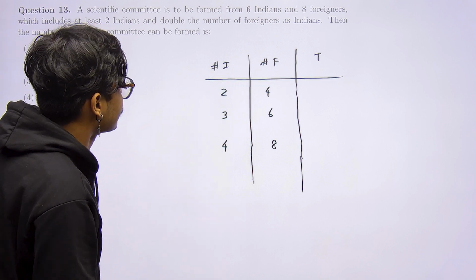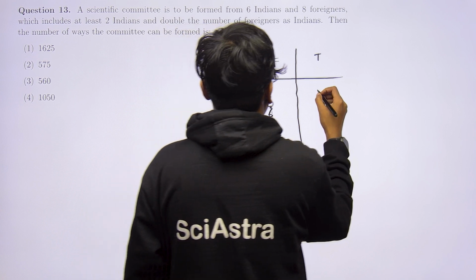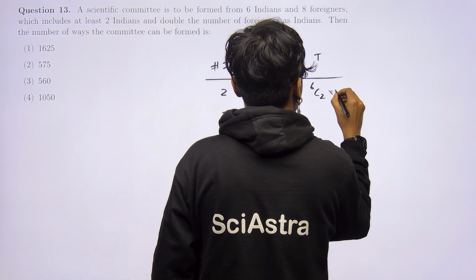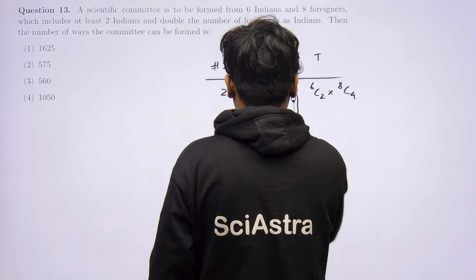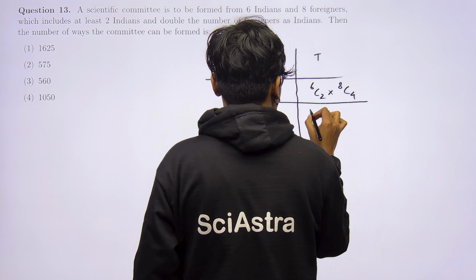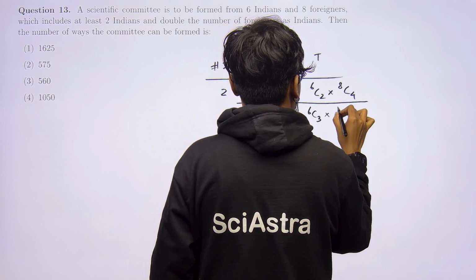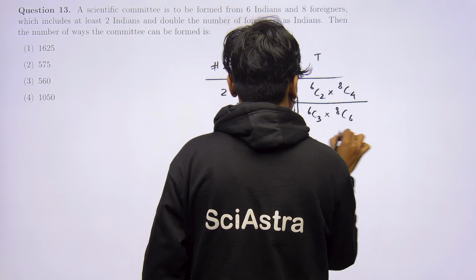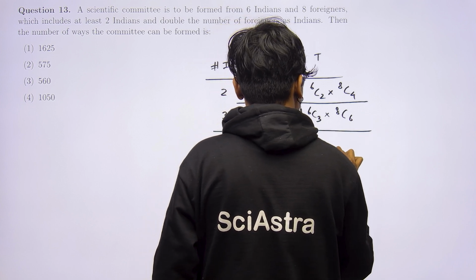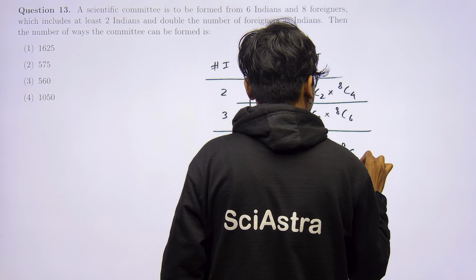So let's see how many ways can we do this. So the first way, it's simple. It's going to be 6 choose 2 times 8 choose 4. The second one is going to be 6 choose 3 times 8 choose 6. And the third one is going to be 6c4 times 8c8, right?